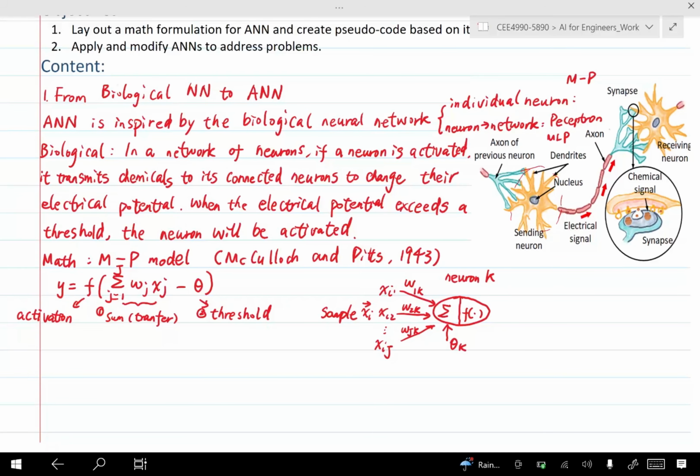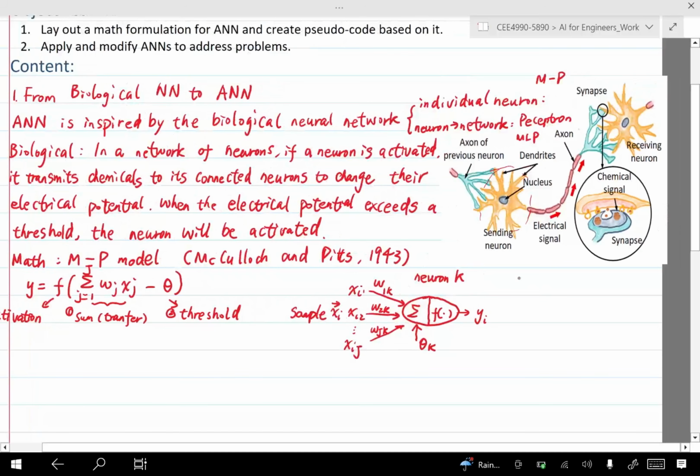With all of them, we get a summation, then we compare it against the threshold. Then based on the difference of that comparison, we put it into the activation function. We can get what we need for the output. So if we have one sample, let's say the output is a scalar. In this case, it's just yi.